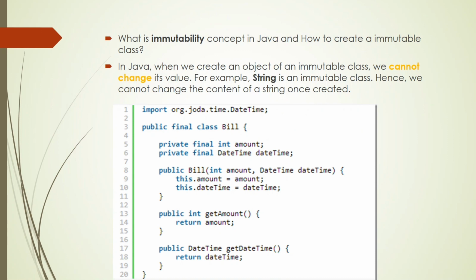This is called an immutable class. And how can we create this? There are a couple of properties. Out of those, one is the class should be final, the variables should be final and private, and the third one, there should not be any setter, only getters.